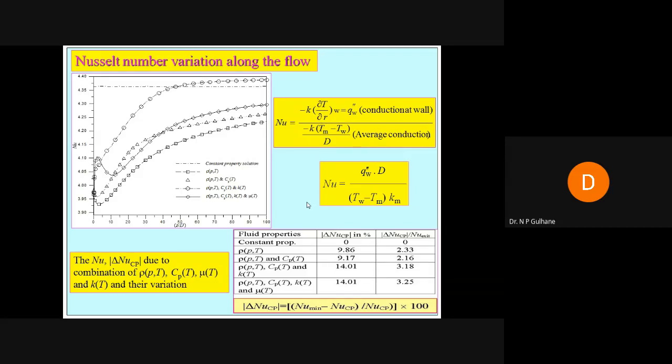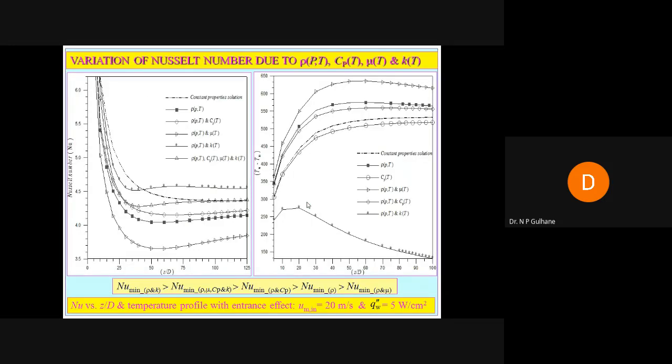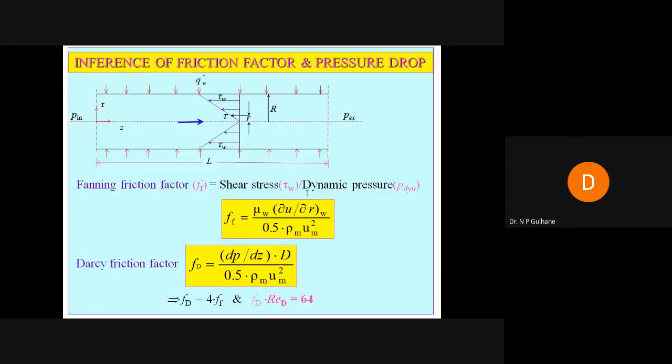So this is what the Nusselt number study shows, the Nusselt number variation along the flow and its deviation from the constant property value. There are many studies of variation of Nusselt number due to rho, CP, nu, and K with entrance effect. This is the entrance effect, which I will not incorporate here.